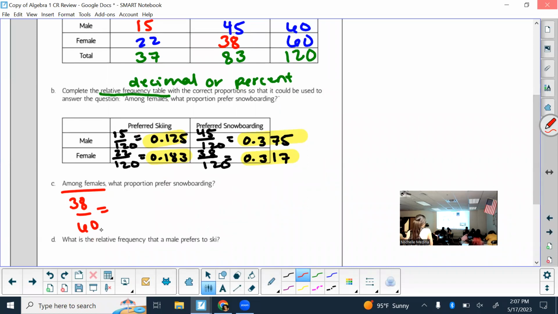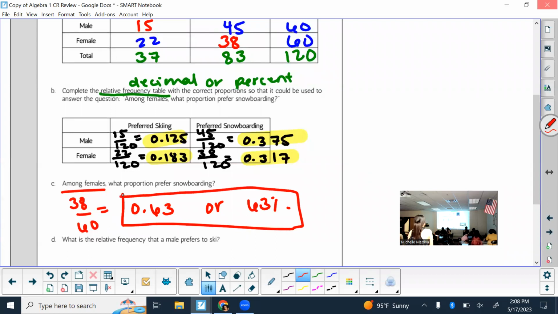What do you get from that? 38 divided by 60. Good. You could do that, or if you make it a percent, times it by 100%, both are acceptable. It doesn't specify what to round to, so I'll leave that up to you.